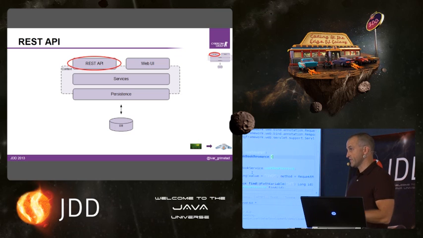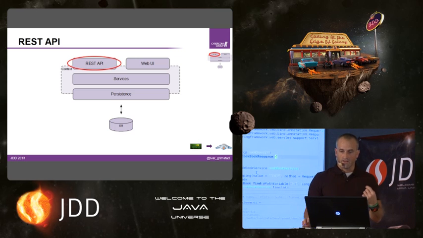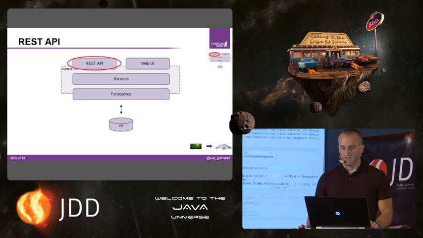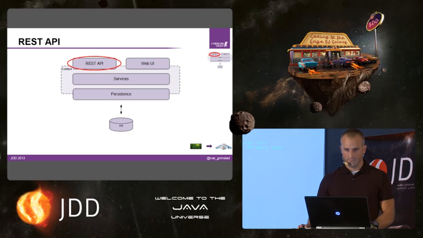Here I'm using Spring MVC for my API, and it is annotated as a Spring MVC controller, and I'm using the @RequestMapping to map it to the cookbooks sub-resource. This one.